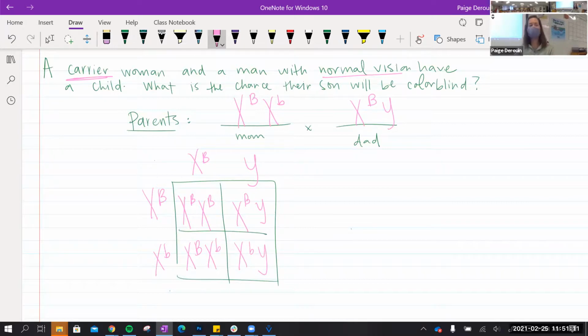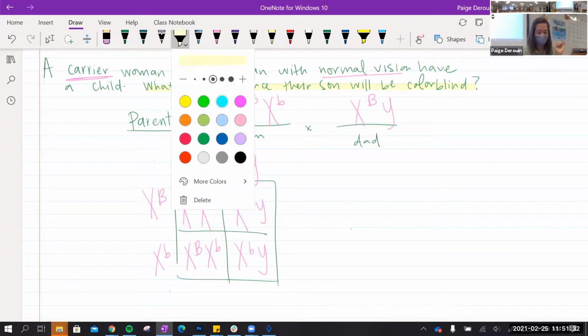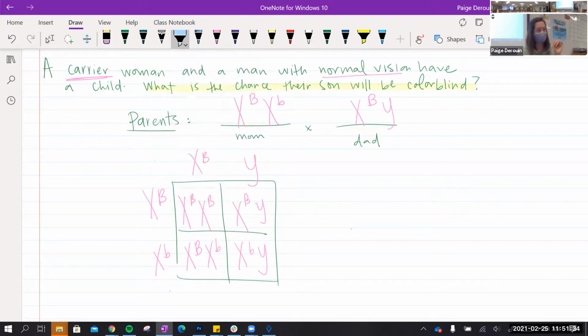Okay, so now the number two mistake that I see when people do these problems is you have to pay extra close attention to the question. Because this question says, what is the chance their son will be colorblind? That means the question is only asking me about the sons. So I'm only going to look at the boxes that are sons, which is this box and this box.